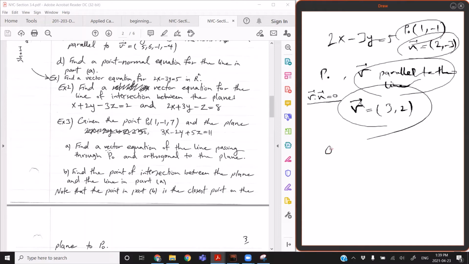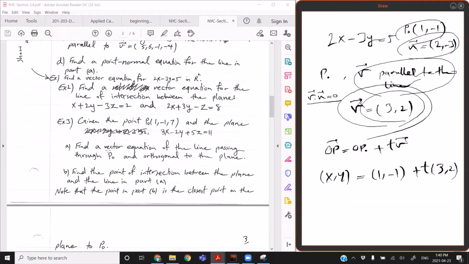The formula is OP is OP0 plus TV. So it's x, y is equal to 1, negative 1 plus tV. So T, what about V? I can use this 3, 2. That would be the vector equation.